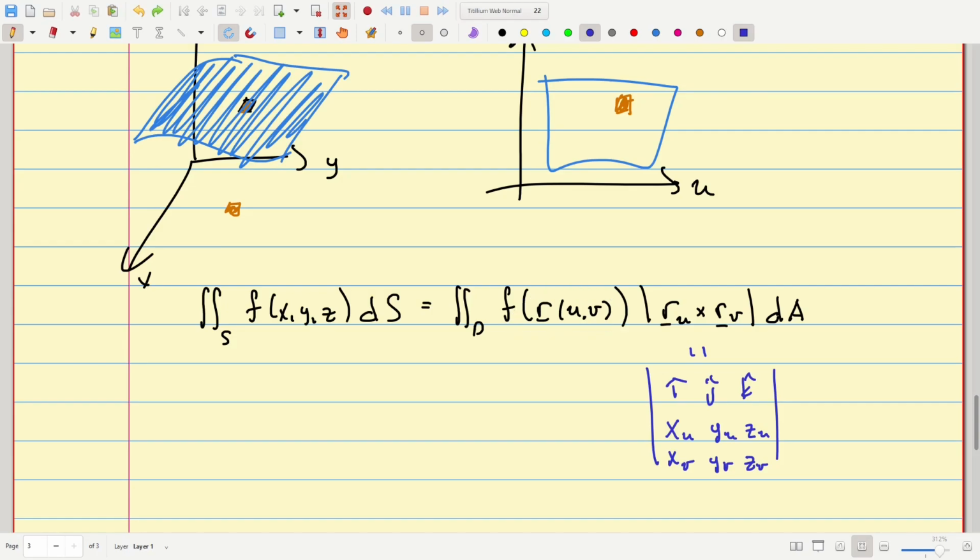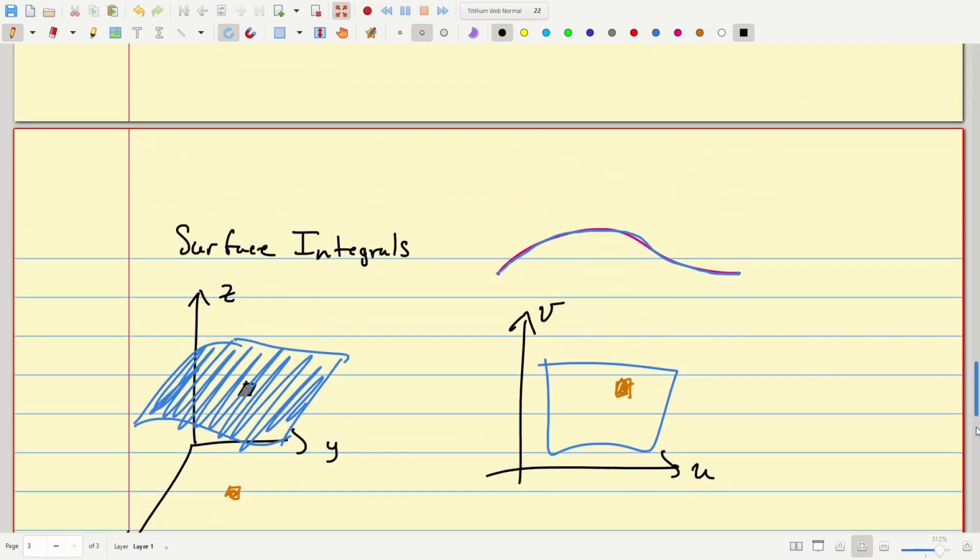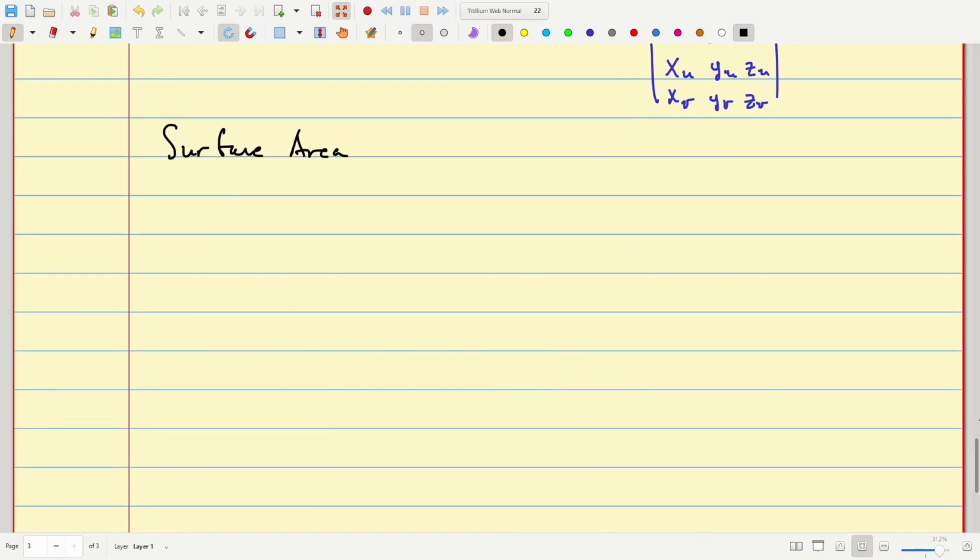What this gives us is the analog to the line integral type formula that we have, the path integral, and we can do surface area equal to this. Those two expressions are equivalent.